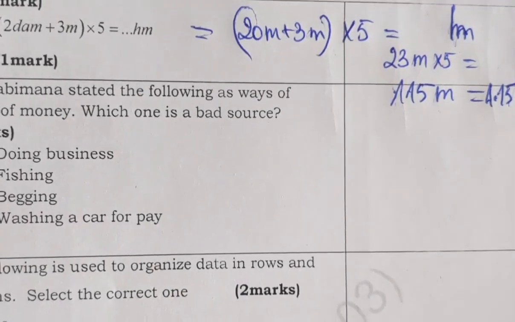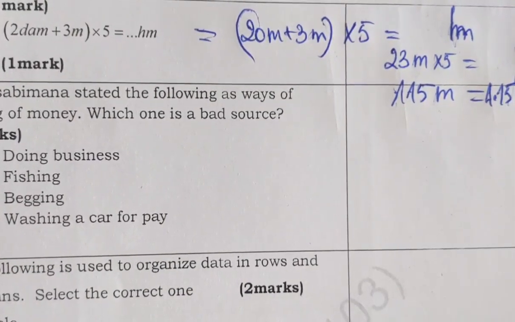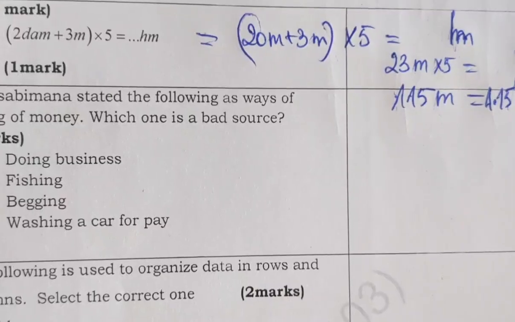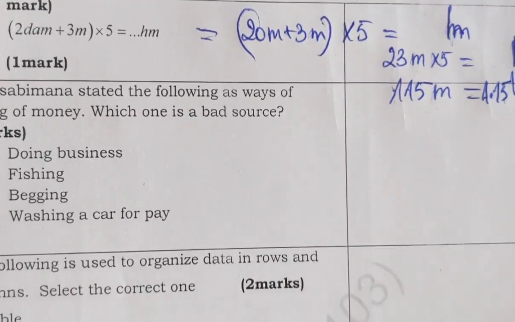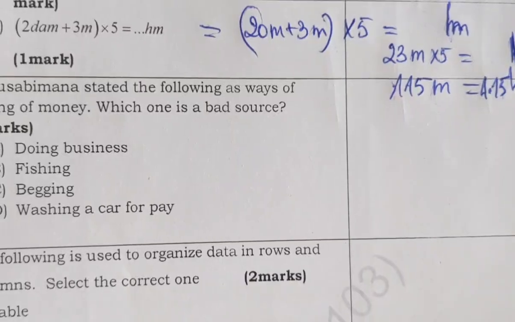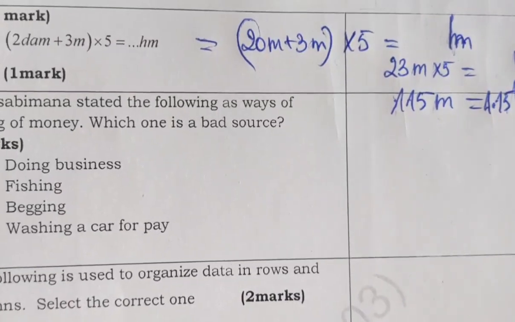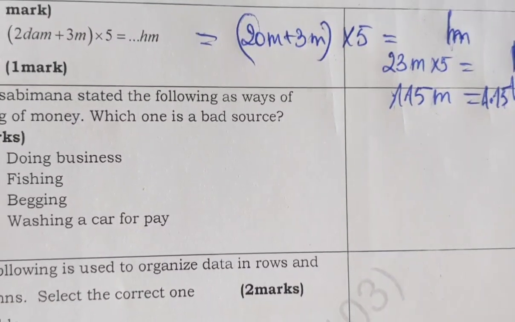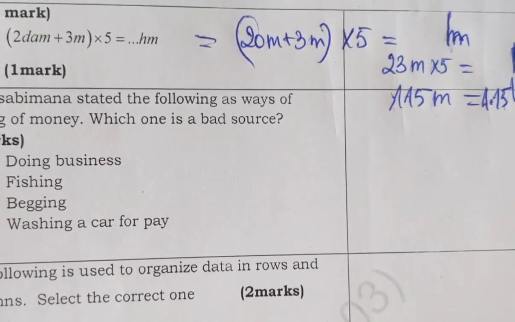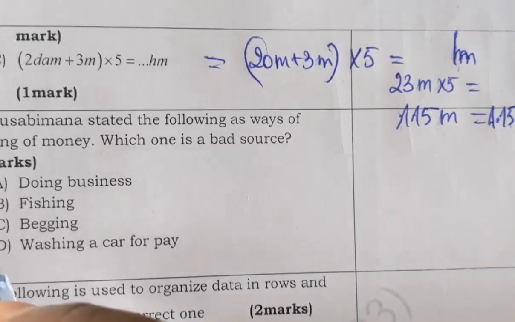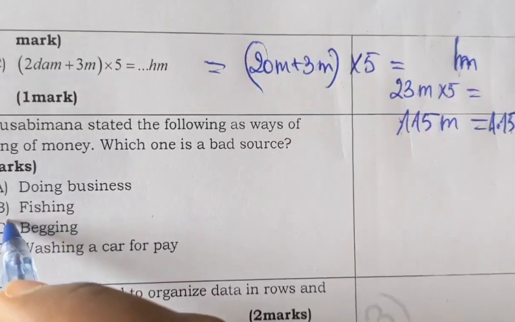Then begging is to sit somewhere and ask someone for help, but once you have the ability to make an effort, that is a bad source. Then washing a car for pay. Once you wash a car for pay, you get some money and you solve your own problem on your own. Then here begging is a bad source of money.